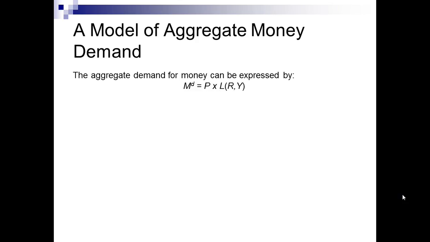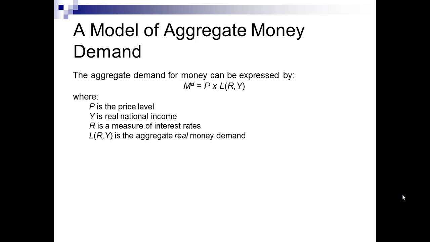Next, we're going to think about the model of aggregate money demand. Aggregate money demand can be expressed by MD equals P times L, which is a function of R and Y, where P is the price level in the economy, Y is real national income, R is a measure of the interest rate, and L is the aggregate real money demand, which is a function of interest rates and real national income.